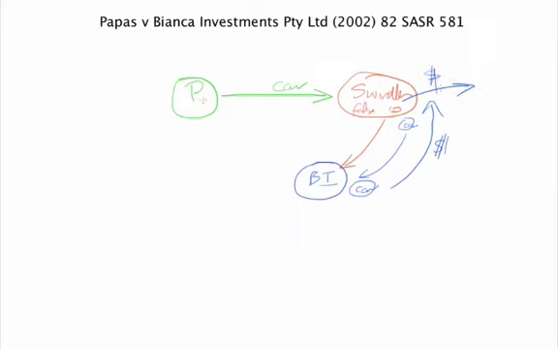So now Pappas doesn't have any money, Bianca Investments has the car, the swindler's gone, and the question is, we can see the car, no one's ever going to get any money from the swindler. Who has ownership of the car?